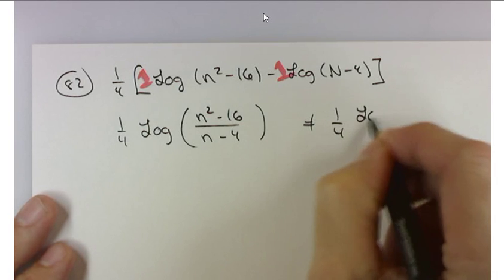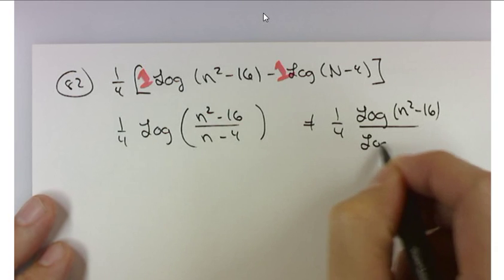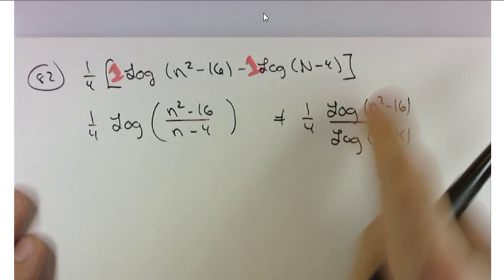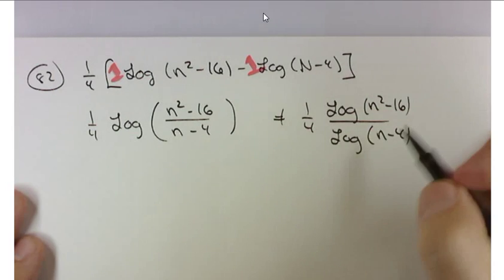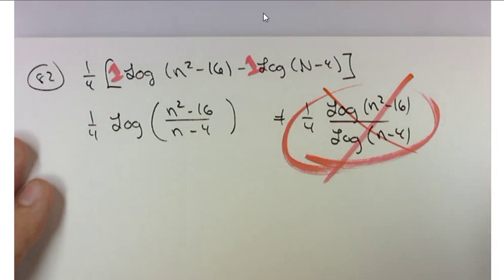What it's not equal to, and I understand there's a huge temptation to do this, you can't write it as the log of this divided by the log of this. It's just not the case. I understand where this desire comes from, but it's wrong.